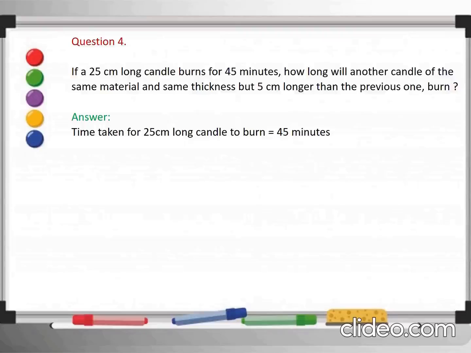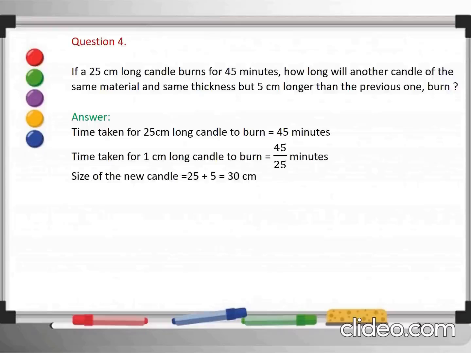Then the time taken for a 1 centimeter long candle to burn is 45 upon 25 minutes. For the new candle, the size of the new candle is 25 plus 5, which is equal to 30 centimeter. Hence, the time taken for a 30 centimeter long candle to burn is equal to 45 upon 25 into 30.